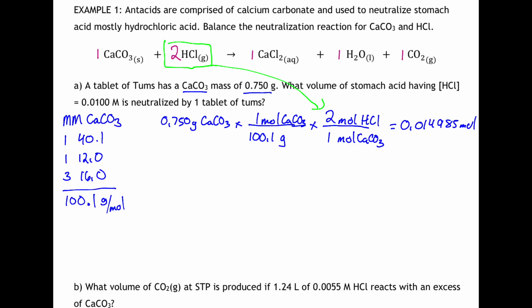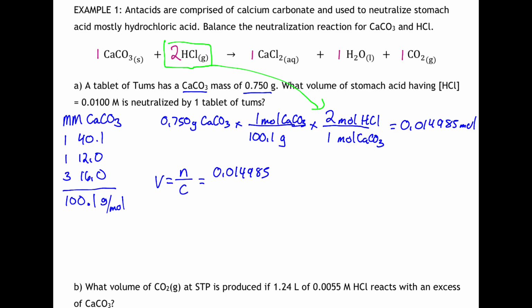Which of these formulas at the very top of the page should I use? 1, 2, or 3 for us to solve this question? Yes, this should be the third one because we want the volume equation. So volume is equal to the number of moles divided by the concentration of the solution. Do I know both of those numbers now? Yes, I do. Number of moles is what I just found, 0.014985.